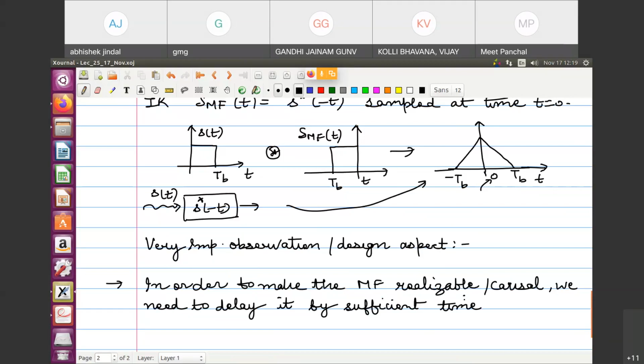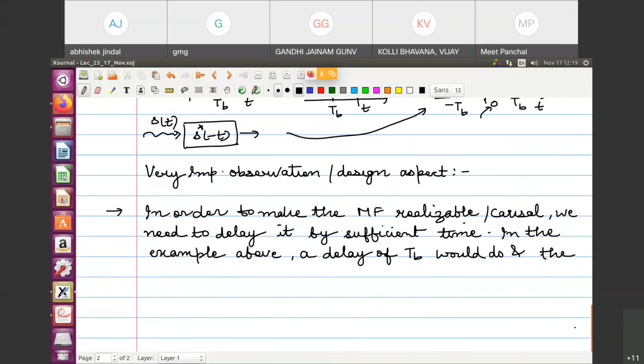In the example above, a delay of T_b would do, and the sampling time changes to T_b instead of 0.